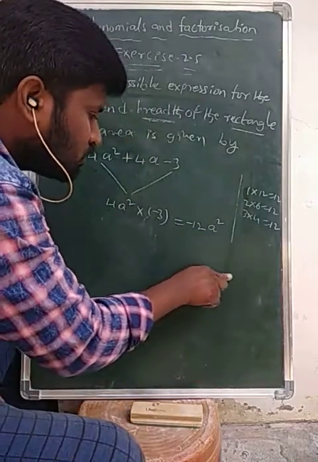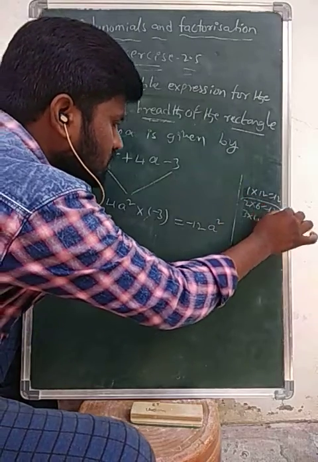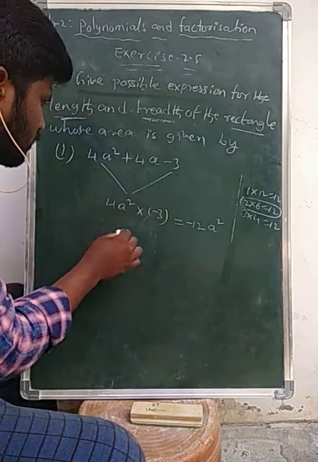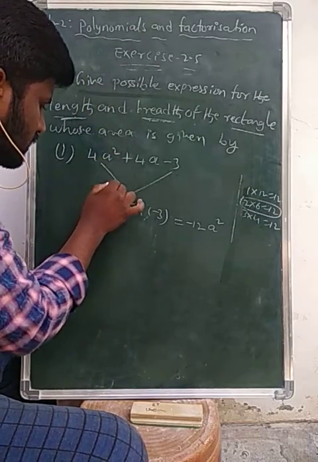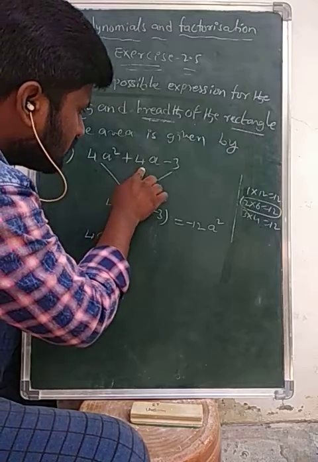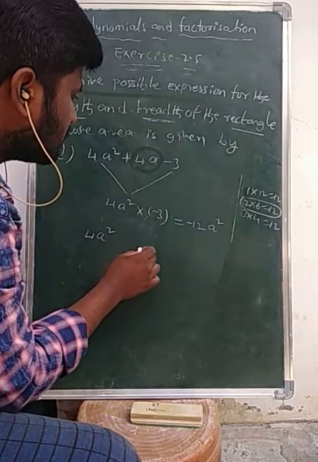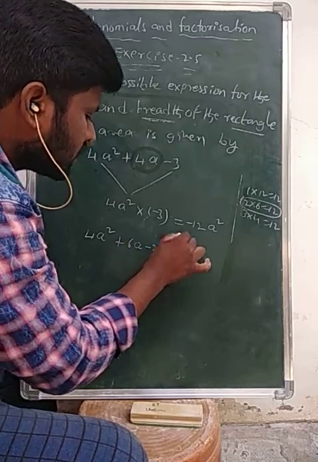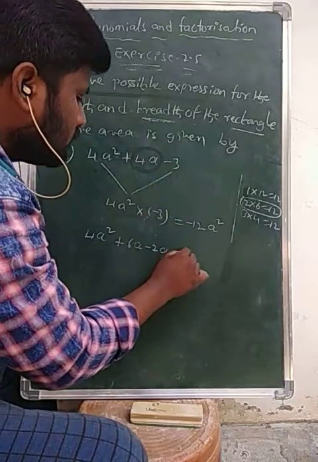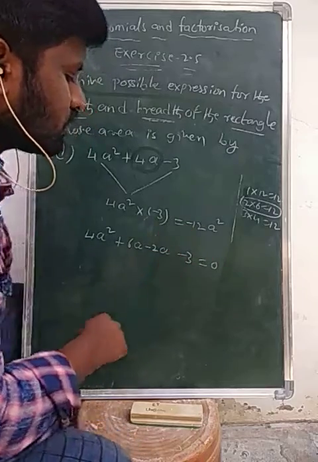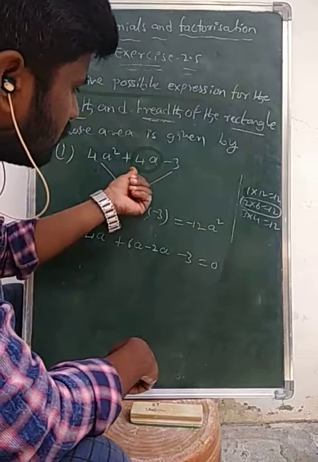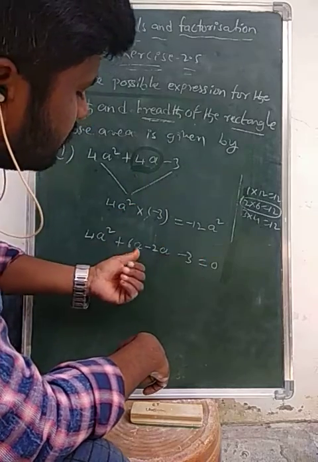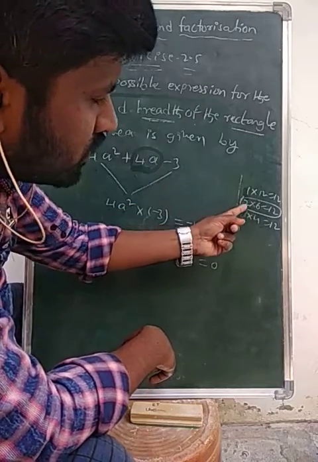So I am going to choose 2 and 6. 4a square stays as 4a square, and in place of 4a, I write plus 6a minus 2a, minus 3 is equal to 0. Because 6 and 2 are factors of 12.